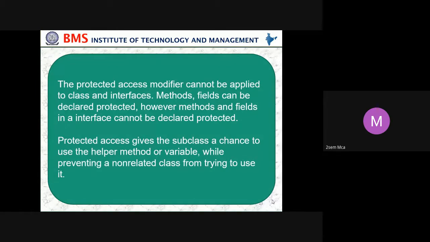Methods and fields can be declared protected. However, methods and fields in an interface cannot be declared protected. Protected access gives the subclass a chance to use the helper method or a variable while preventing non-related classes from trying to use it.